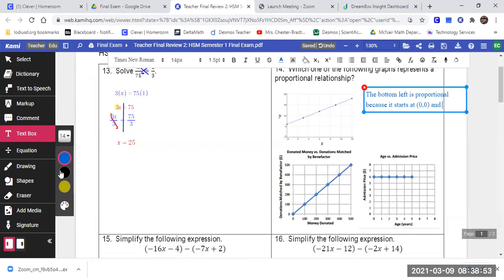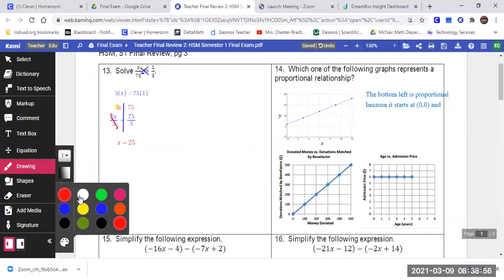Because I could make one that starts at 0, 0 like this, right? Would that red line be considered proportional? No, it has to be a straight line that starts at 0, 0. Okay.